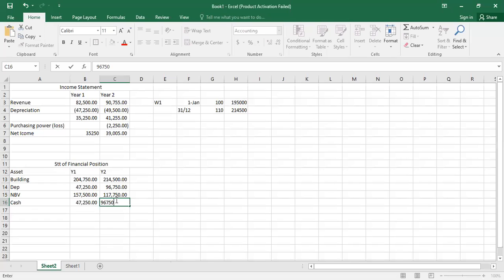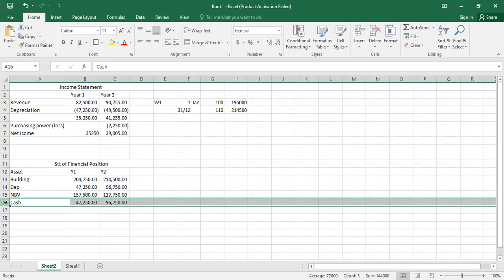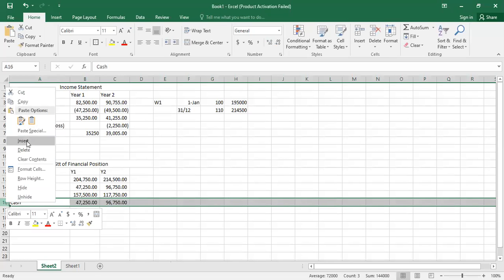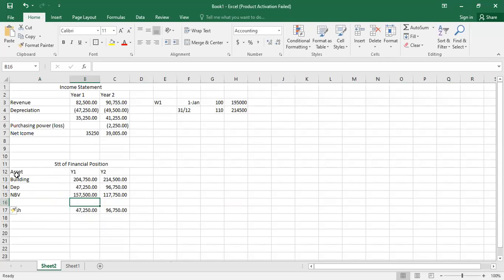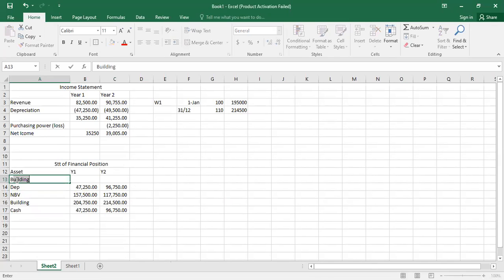Now let me try to make these matters easier. Let me insert. Now this is the value. Let me pick this figure, cut and put it here. That is the value of the assets as at the end of the building, isn't it? Let me just indicate here building.